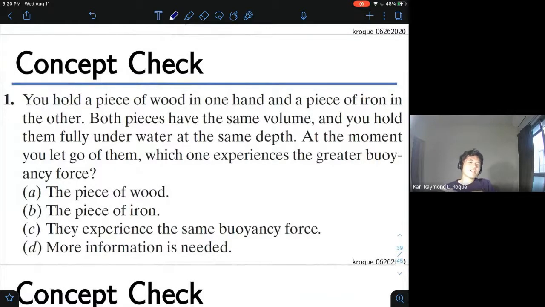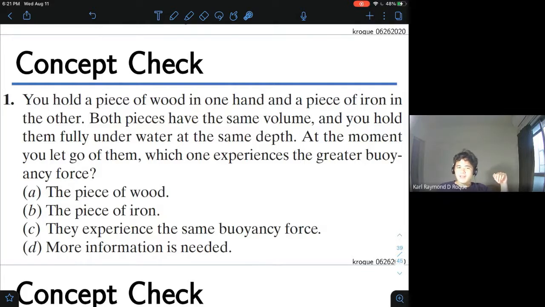Concept-wise, dali. Isang tingin lang, alam nyo na agad yung sagot. A, B, C, D. Dali.